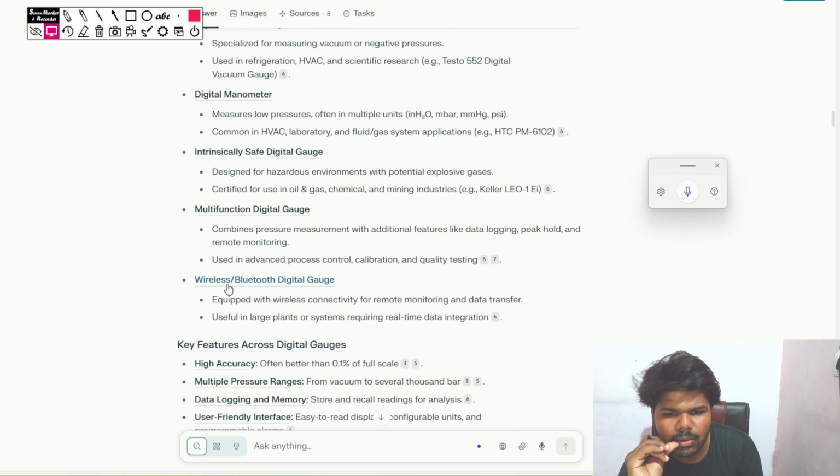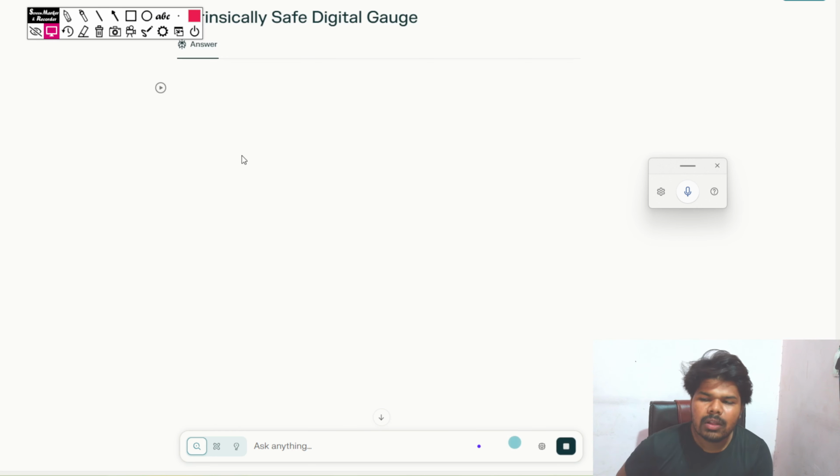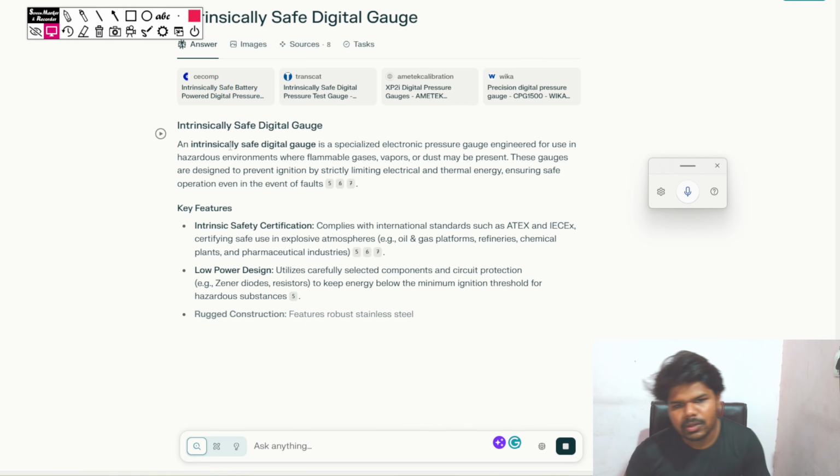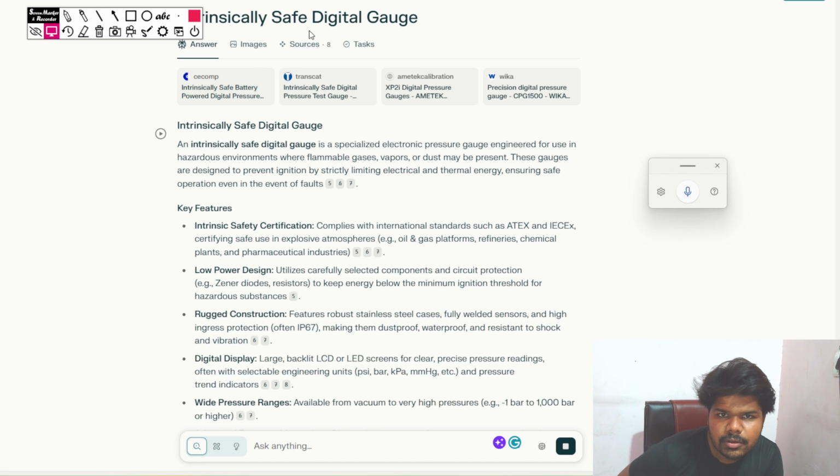Okay, the wireless Bluetooth digital gauges. They show the values wirelessly. Multifunctional digital gauges, multifunctional is sometimes the remote type, and the intrinsically safe gauges. We have to see images.